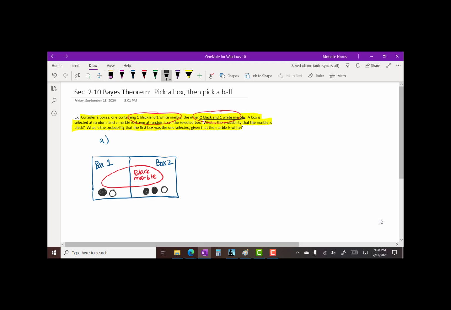So let's first answer the first question, about the probability that the marble you get is black. We need to separate that out into outcomes that started in box 1 and outcomes that started in box 2. So let's go ahead and do that. For the probability that the marble is black, let me use some shorthand. Let B1 be that you selected box 1, and B2 be that you selected box 2. And then just plain old B is that the marble drawn is black.